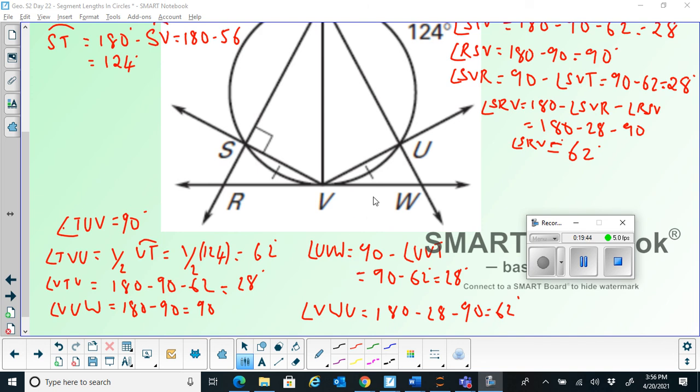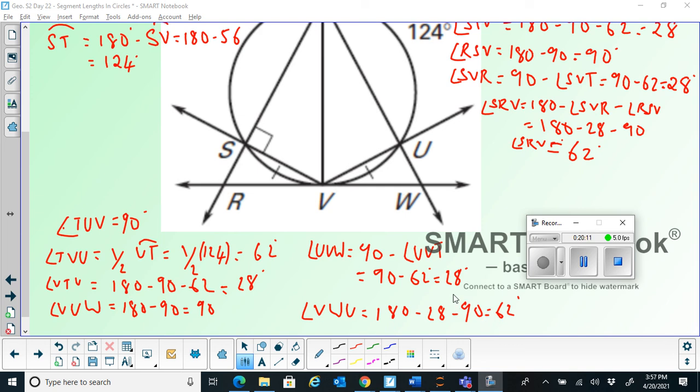VWU is nothing but 180 minus 28 minus 90 degrees, which is 62 degrees. And this is the measure of UVW, which is 90 minus angle UVT. This is your 90 degrees because of tangency over here. So 90 minus 62, which gives us 28 degrees. So this portion is 28 and this is 62.